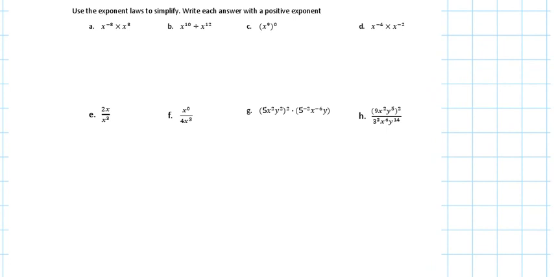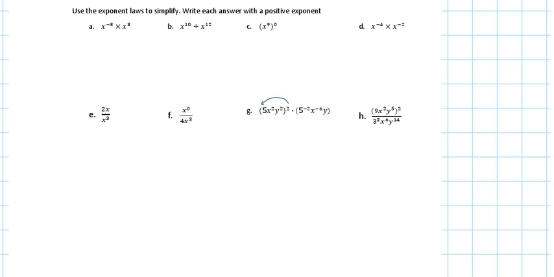PEMDAS has to be followed here as well, okay? So what's the first thing I want to get rid of here? The exponent, right? You see that exponent 2? You want to distribute it in first, okay? So if I distribute that 2 in, what do I get?